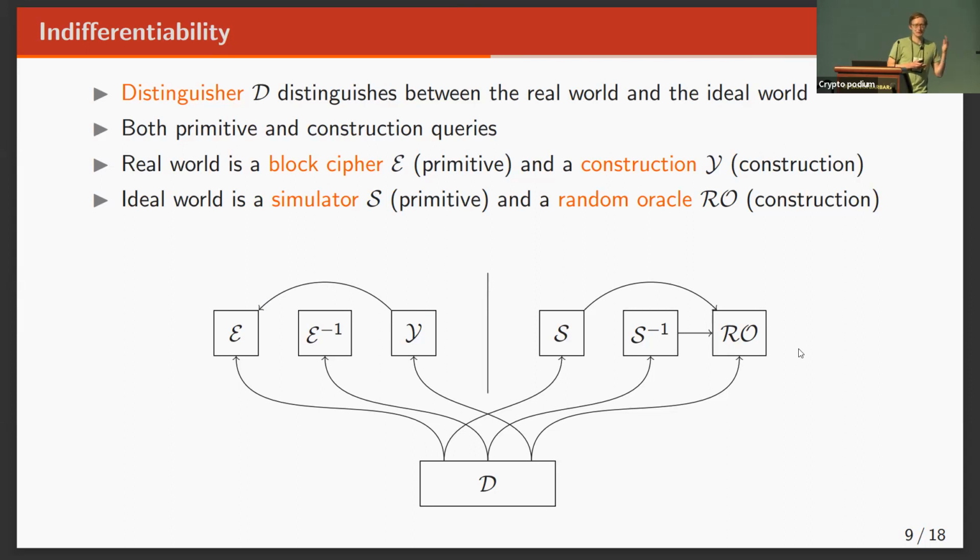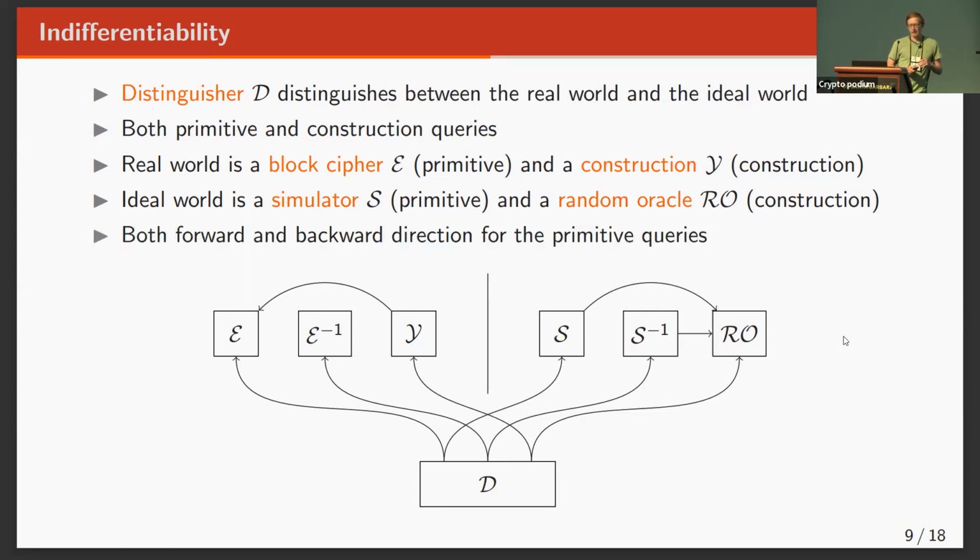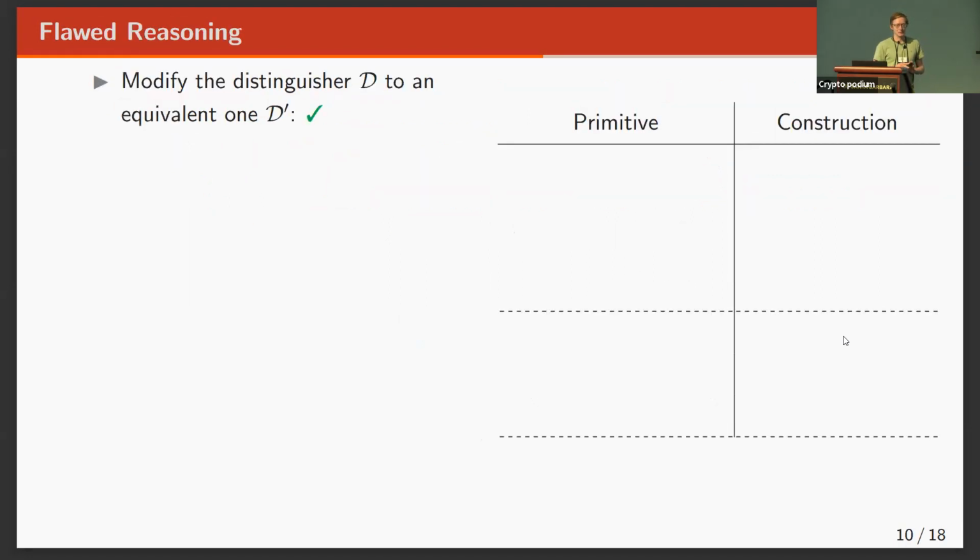So when it finishes the computation of a message, it has to be consistent with the random oracle. In those cases, it will query the random oracle, and then it's basically forced to take some value. And because we use the block cipher as the underlying primitive, we can also make forward and backward queries for this primitive. So now we can take a look at what the flawed reasoning is.